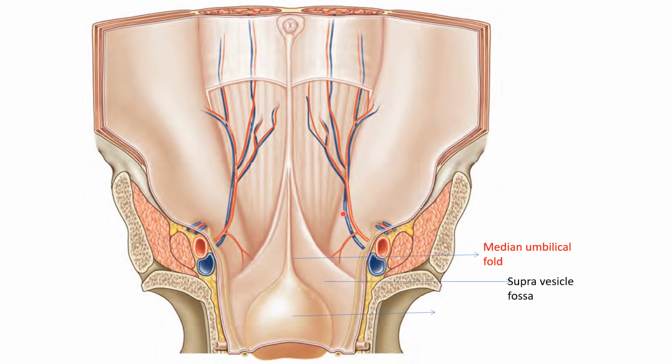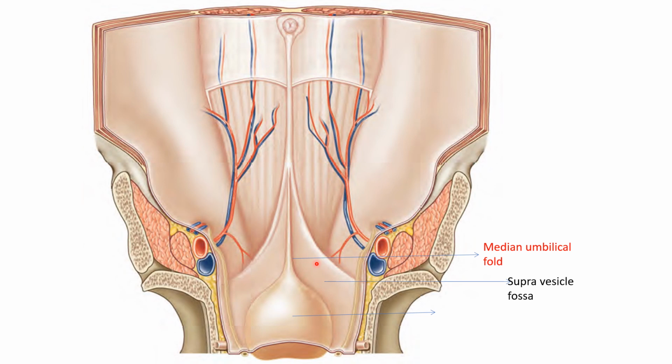Now, lateral to this medial umbilical ligament, we can identify another depression, called the medial inguinal fossa. I told you that the lateral umbilical fold consists of the inferior epigastric artery. Lateral to this, you can identify the lateral inguinal fossa.